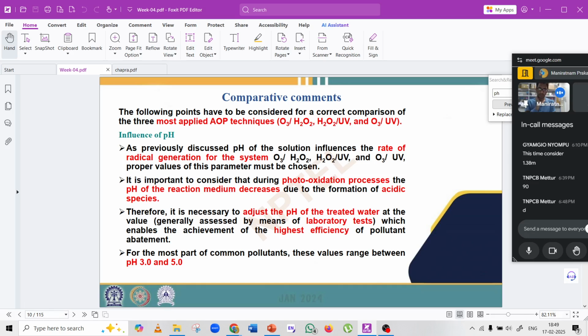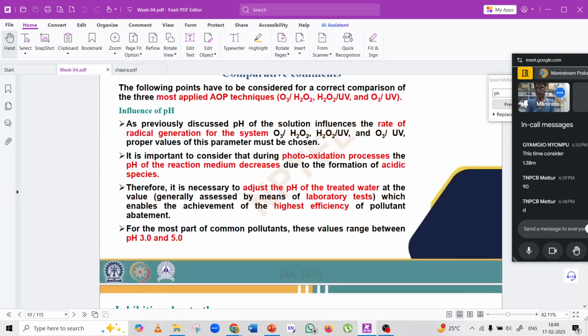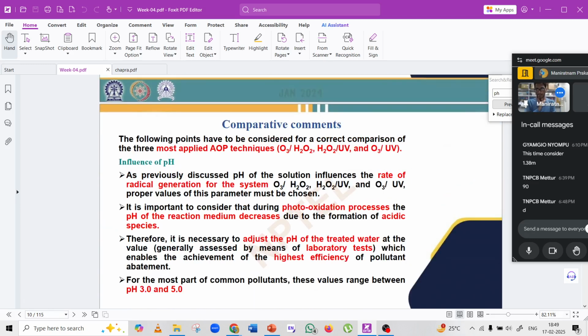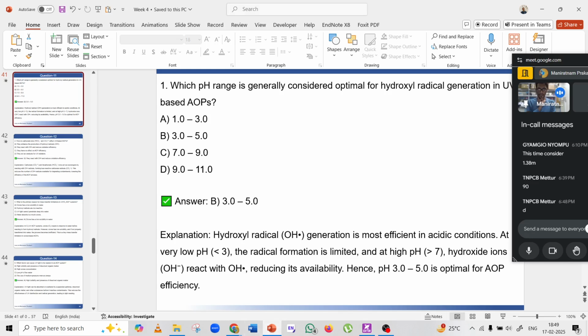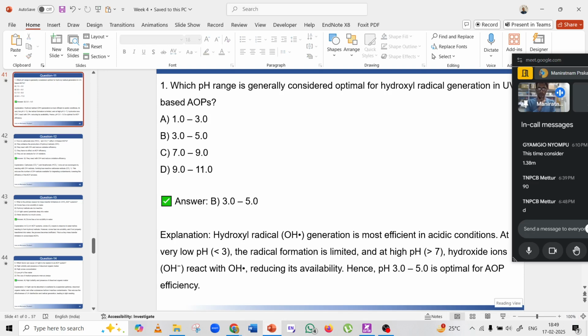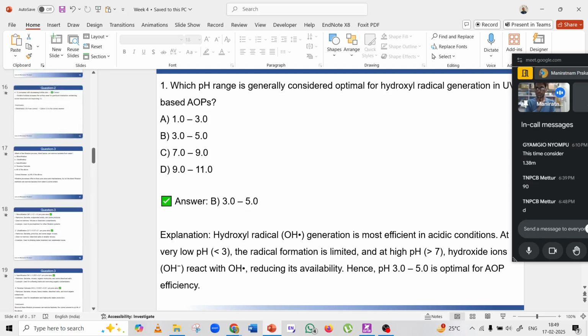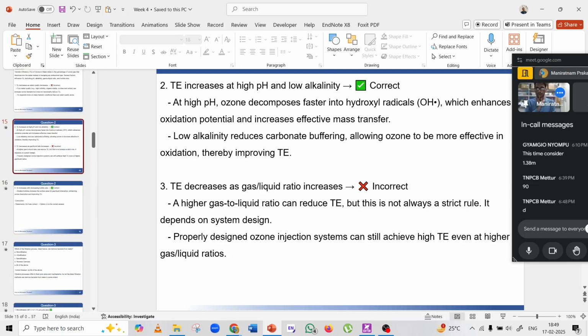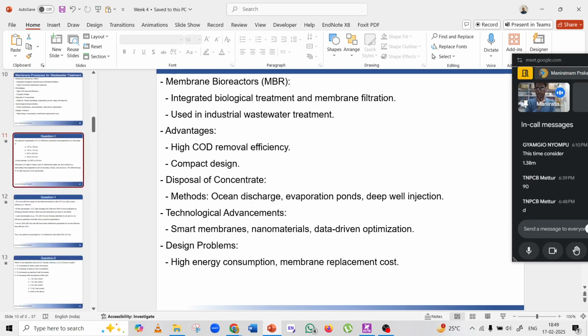You can see that the optimal pH range is between 3 and 5. Just go to the video lecture and you will understand it. Don't get confused. I know why you are saying 9 and 5. I got it. Here the question was different.